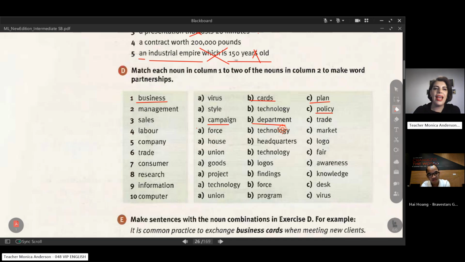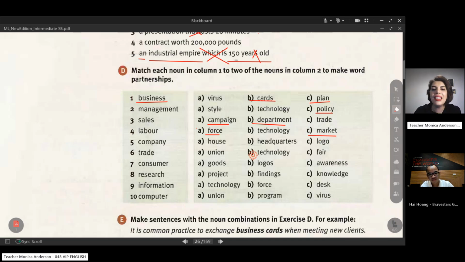Okay, labor force, working force. Labor force or working force, okay, and labor market. So they're a combination of labor force, which means working force, and labor market.